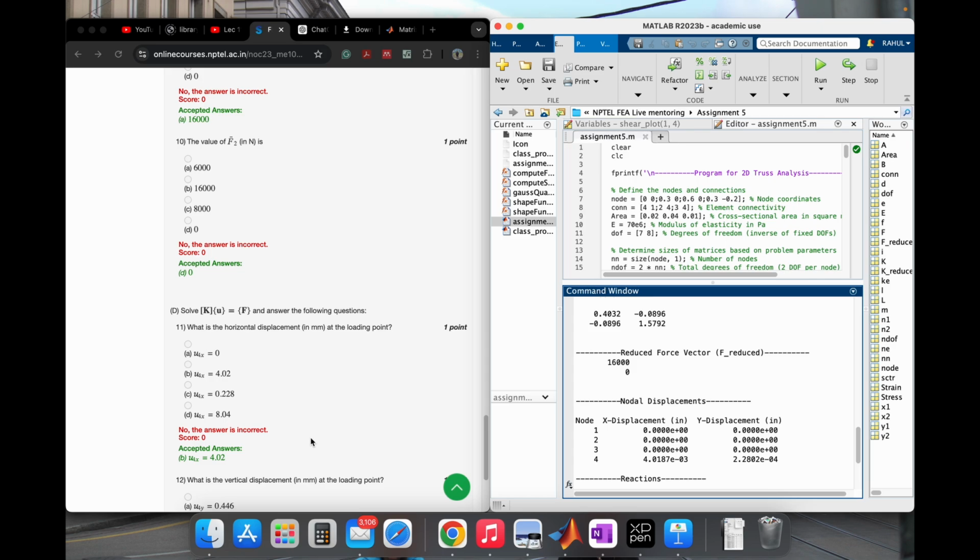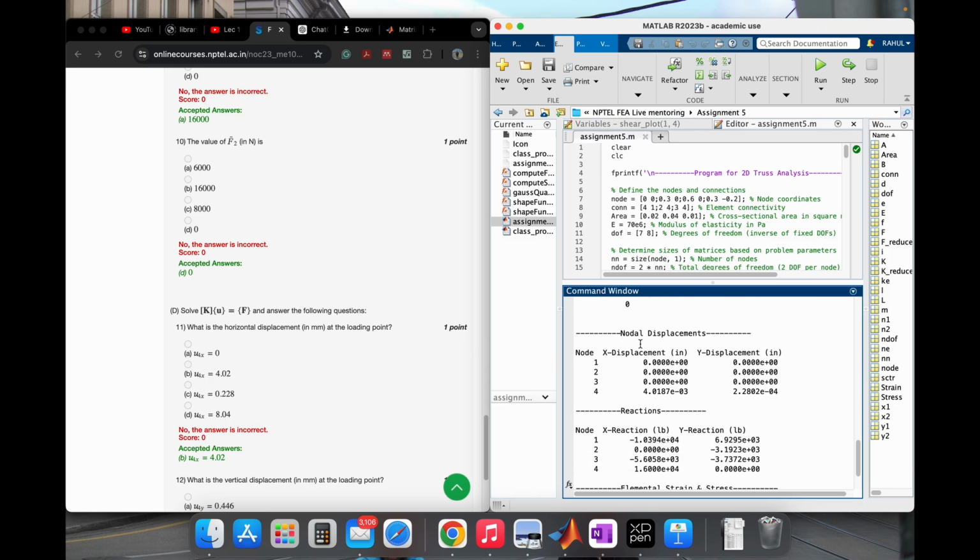Now it is saying, if we multiply the global stiffness matrix K times the displacement u equal to f, then what will be the condition at the loading point. So we will see the nodal displacement. This is the loading node. It is asking what the horizontal displacement is. So this one is the horizontal displacement.